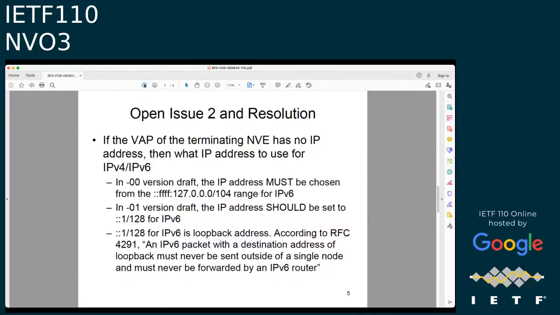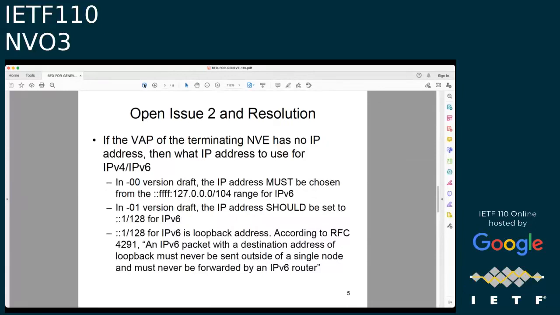So, right, there's some difference. In this draft, we provide the solution for non-management VNI. So there's some difference between these two drafts.